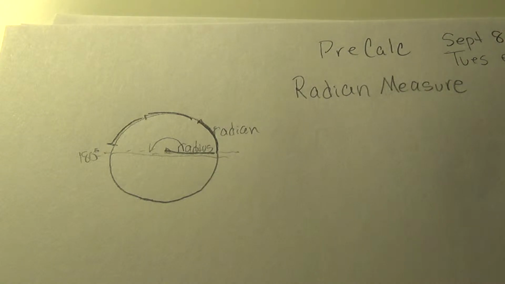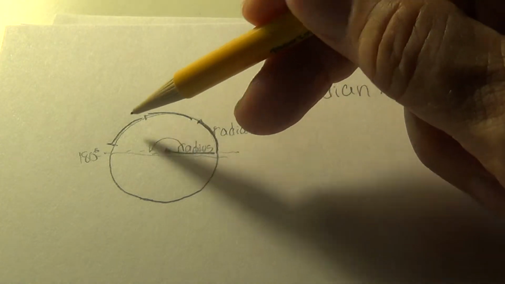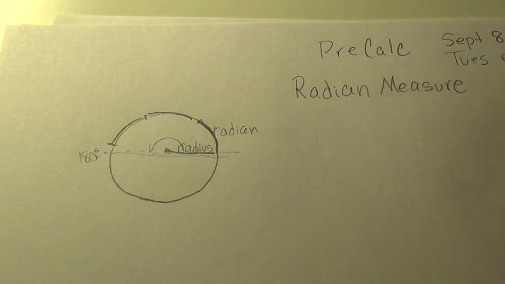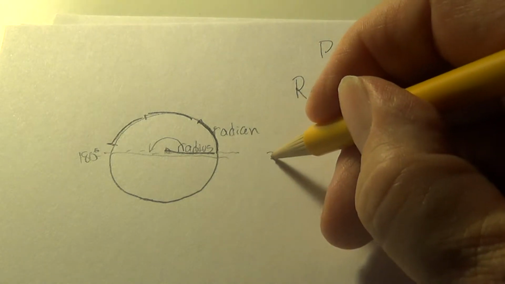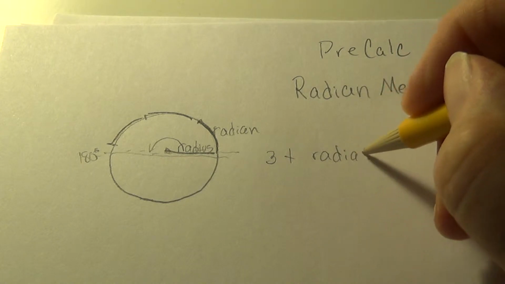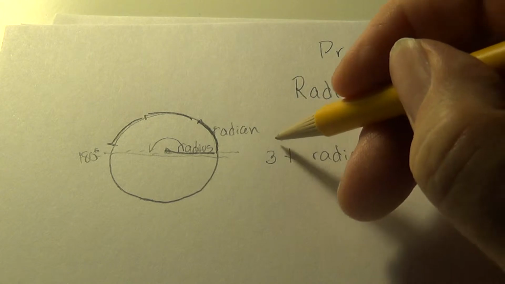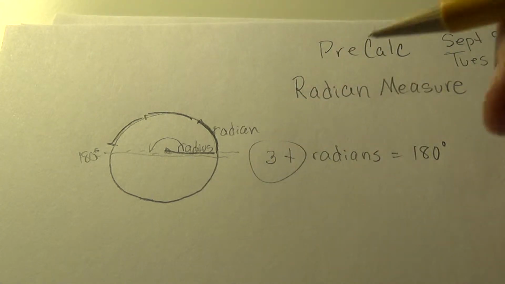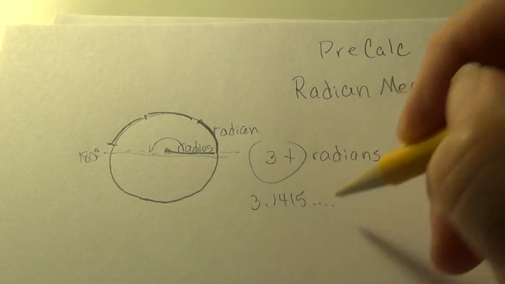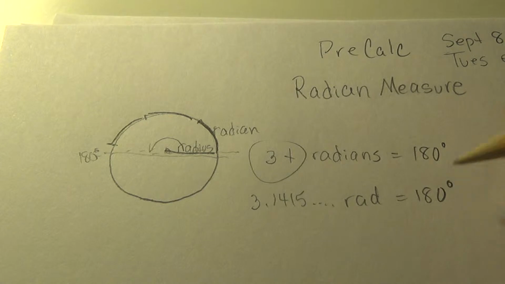Circles are hard to draw, so if you have a keen eye and a good circle, you will notice that a little more than 3 radians equal 180 degrees. And in fact, 3 plus can be narrowed down more precisely to 3.1415, etc. radians equal 180 degrees.